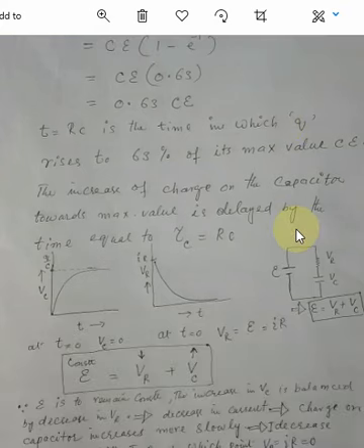Now let's once again refer to this figure in which this source of EMF E is connected to the series combination of R and C. This is providing us a constant voltage or EMF E, and this must be equal to the sum of the voltage across the resistor R, that is VR, and the voltage across the capacitor having capacitance C, which is equal to VC.